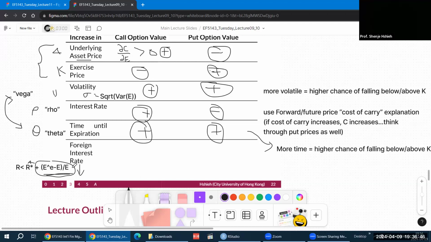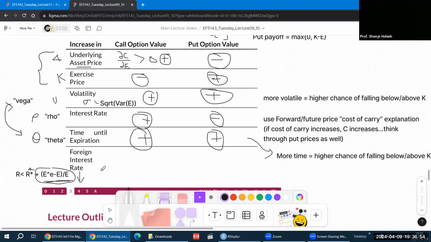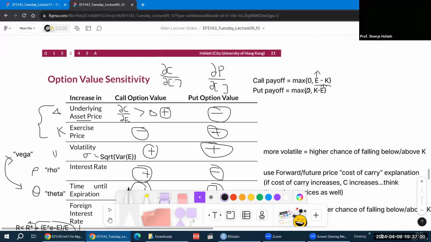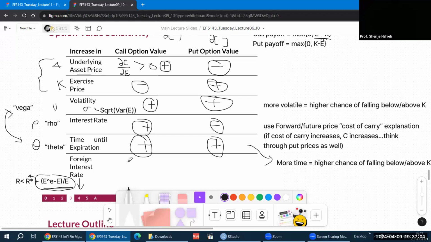This means that our future asset value must decline, right? So if you think about it that way, then this means that E is going to be worth less in the future, right? And so that's actually going to hurt the value of the call option, in which case we should get a minus sign here.